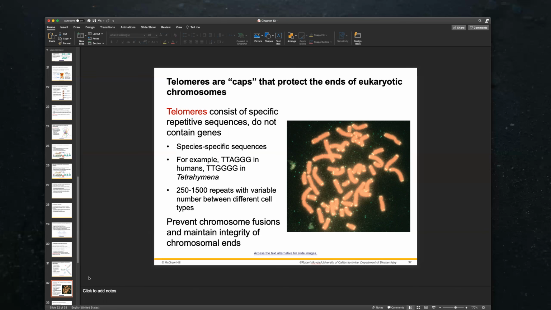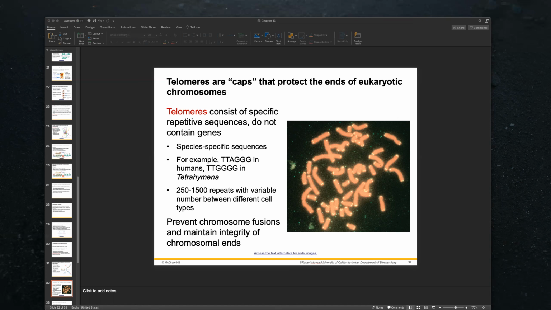And for Tetrahymena it's a different repeat. There are 250 to 1500 repeats, with a variable number between different cell types, so it depends on where it comes from in your body.